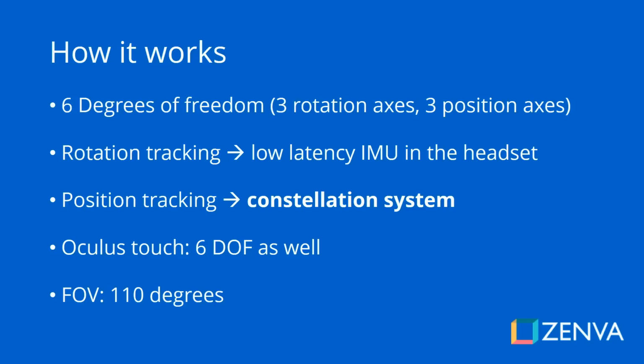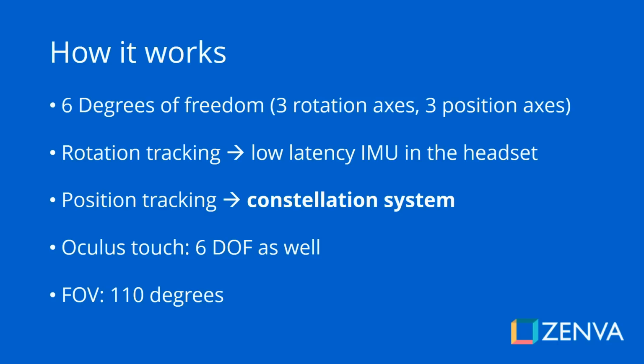It consists of accelerometers and gyroscopes, so that it can accurately measure your orientation. For position tracking, it uses a very clever system called the constellation system, which I'm going to explain in a little bit. The Oculus Touch controllers also have the same 6 degrees of freedom and work just like the headset when it comes to the constellation system.